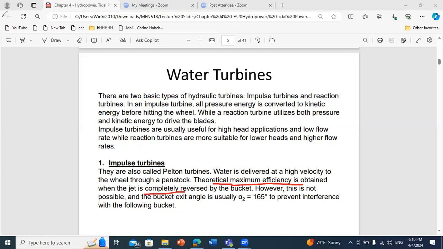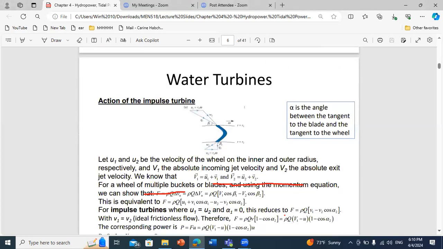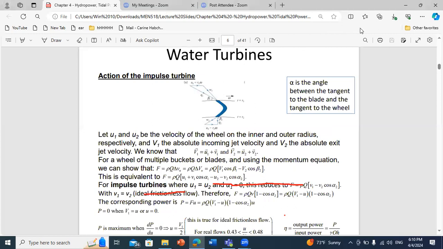So now we'll try to see the equations of the turbine in order to understand how we can optimize the extraction of energy from a turbine. We just need to know a basic equation from fluid mechanics, which is the following. Whenever you have a fluid hitting a turbine, you can define the velocity at inlet and the velocity at outlet.